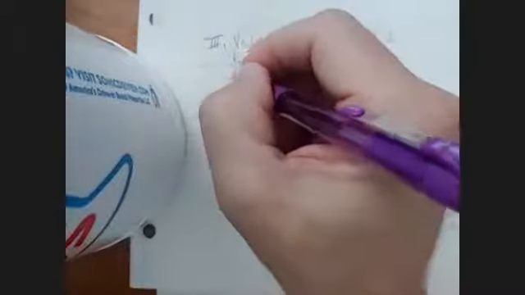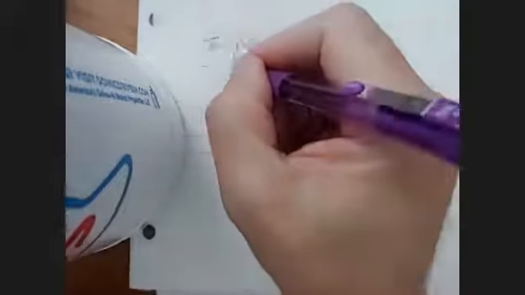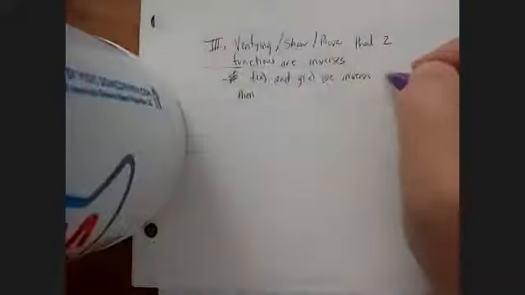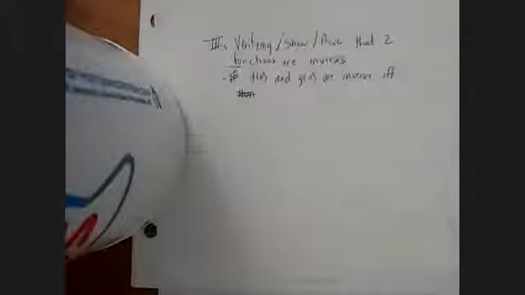So here's the rule. If f of x and g of x are inverses, then, you know what, let's write this instead of if then, let's make it an if and only if statement. f of x and g of x are inverses if and only if. That means it works both ways.